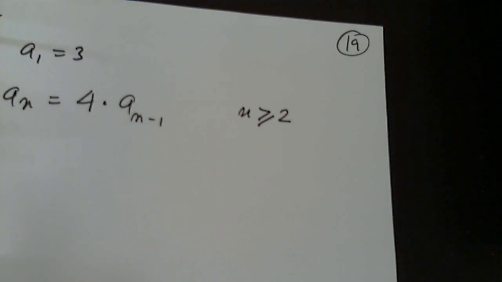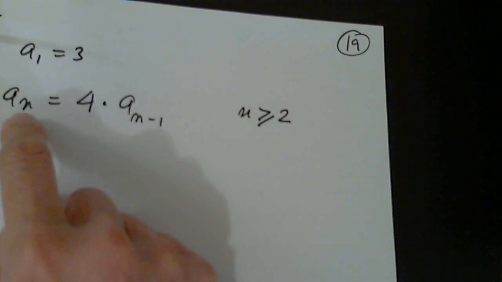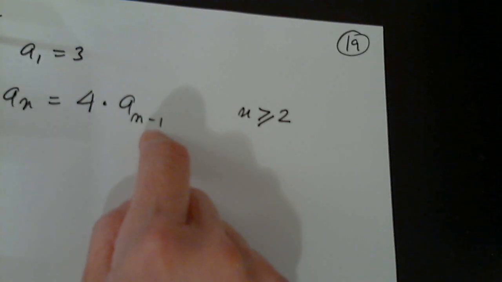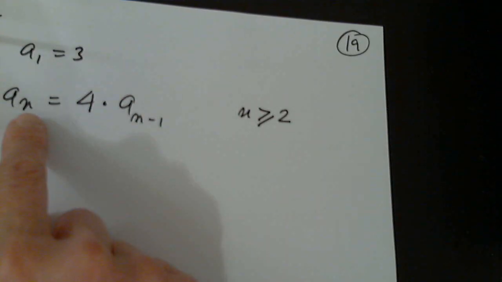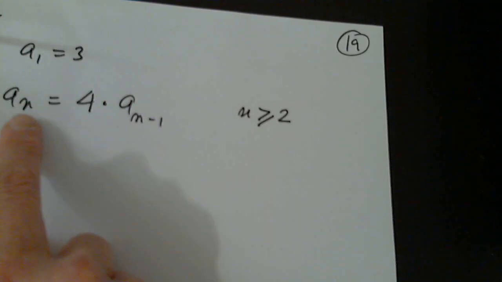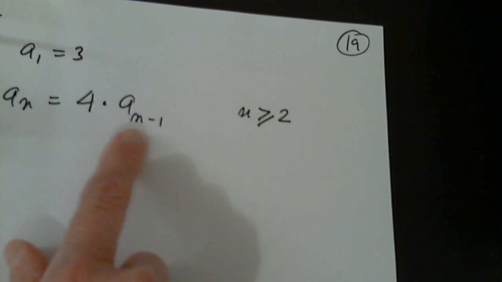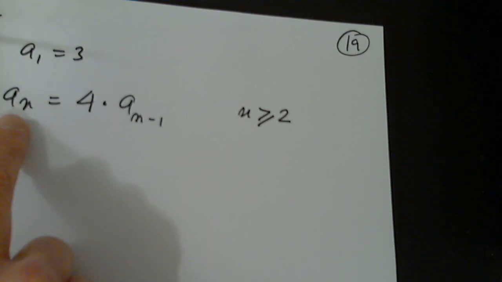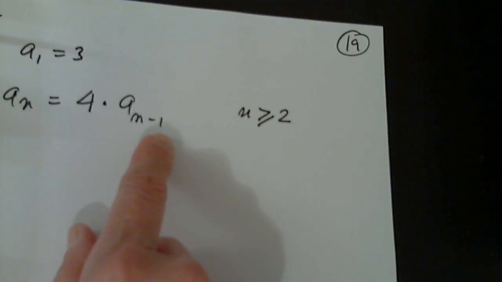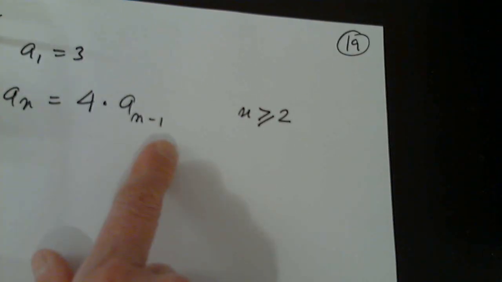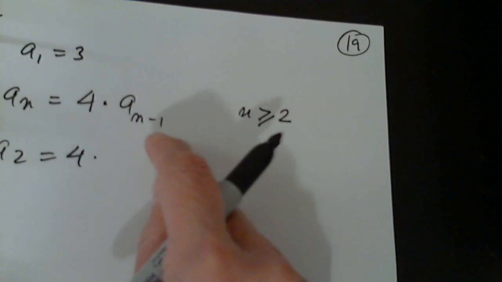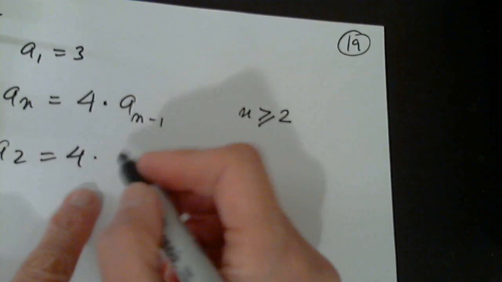So, A1 is 3, and I am told any term depends on the previous one. If this is 5, this is 4. If this is 10, this is 9. So the 10th term is 4 times the previous term. That's what it means. So A2 is 4 times 2 minus 1 times A1.